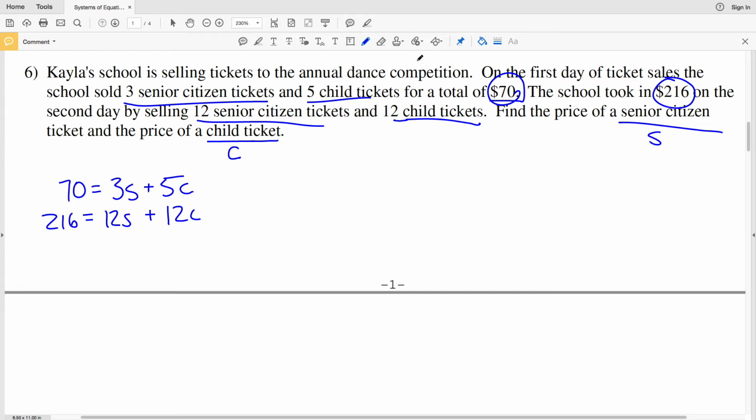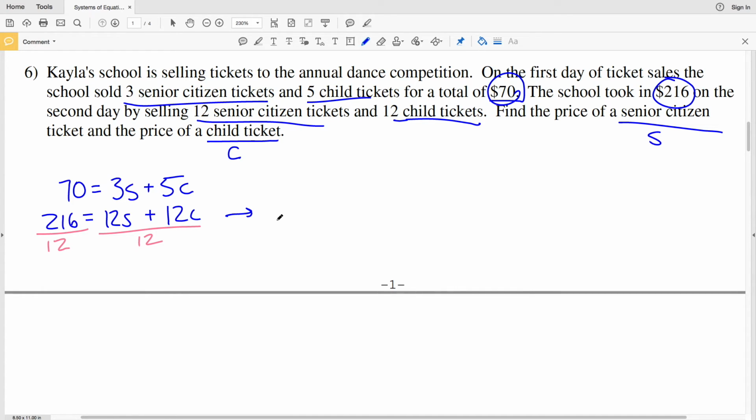Now, in number 6, you can solve this by elimination or substitution, and I'm going to be solving it by substitution. I can recognize that 216 is divisible by 12, so in my second equation, all my terms are divisible by 12. So I'm going to be dividing 216 by 12 and the right-hand side by 12.